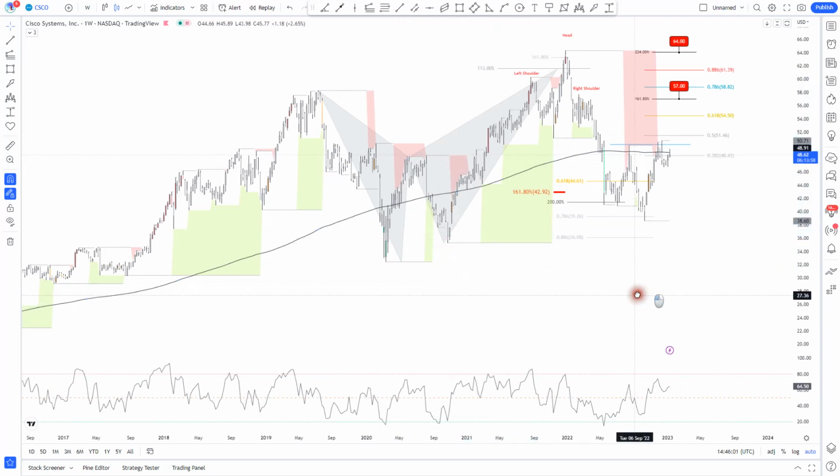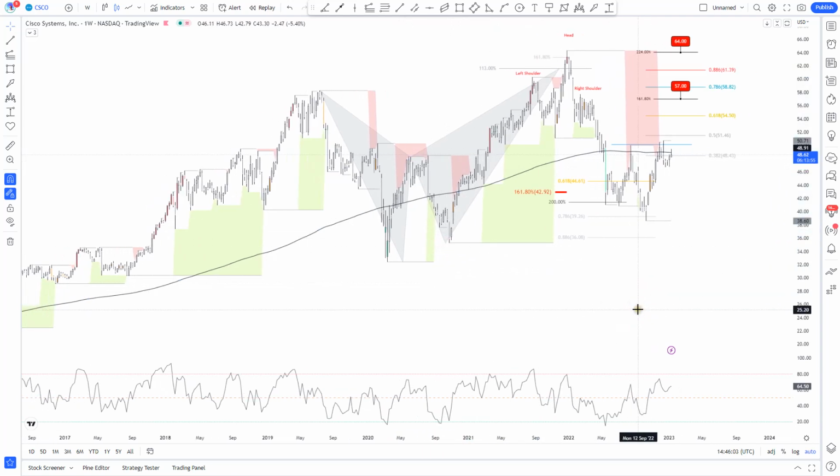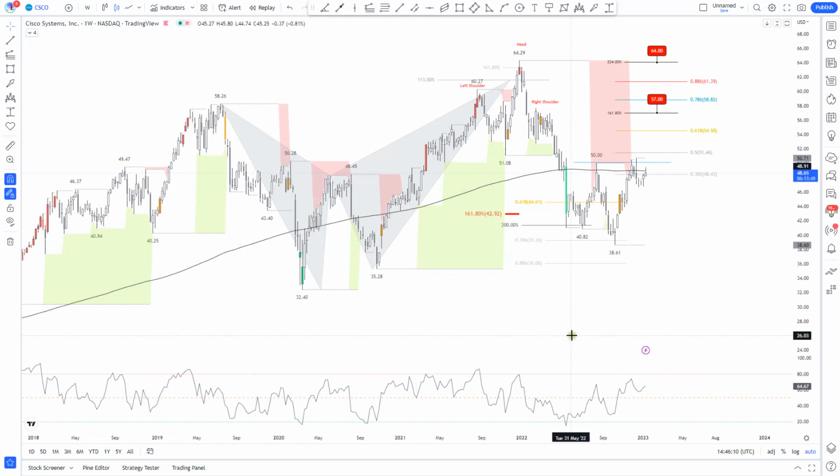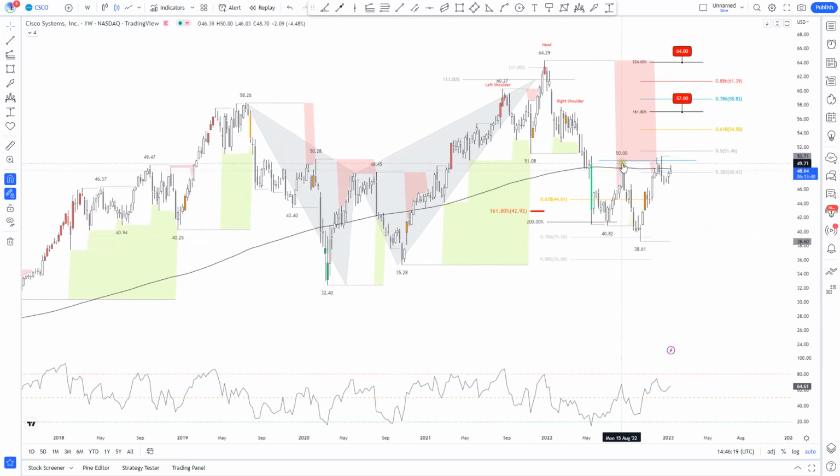And as we can see for the Cisco, we have these previous structure highs at $50, so we have the previous structure fractal resistance right there. And we're still threatening this previous structure resistance. So this is also the previous structure support level for the heads and shoulders formation. So we're still rejecting this previous structure support, turned into a resistance.